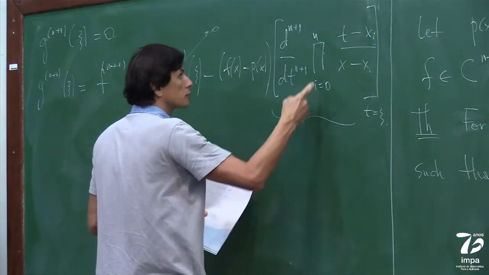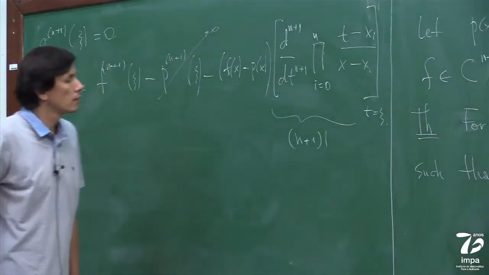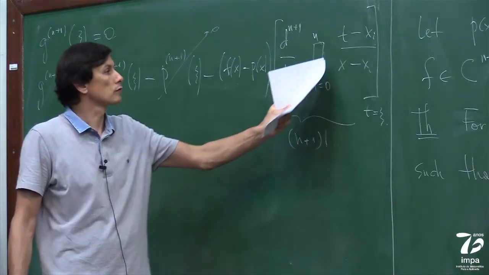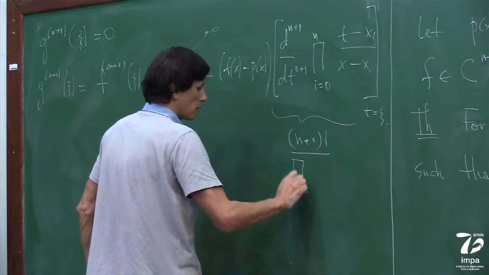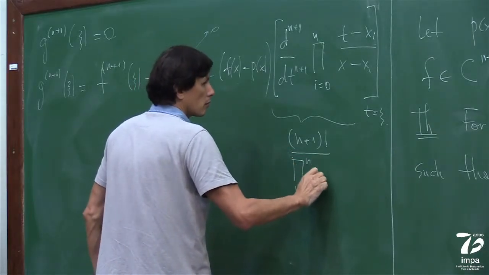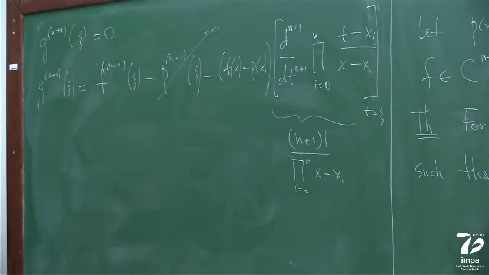So it will give you n plus 1 factorial divided by the product of the denominators. So this is what you get.